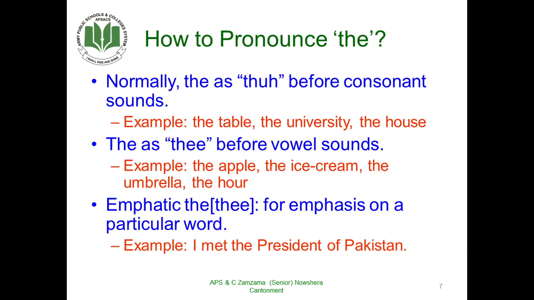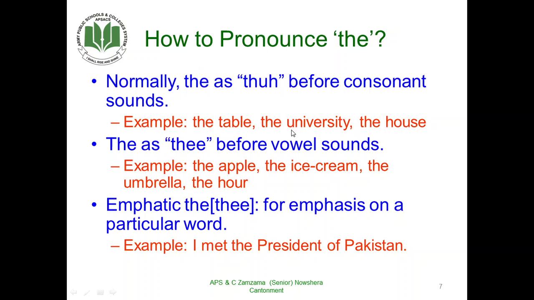Now, come towards the pronunciation of the. We pronounce it in 2 ways, the or the, but there is a rule on how to pronounce the before consonant and vowel sounds. Here it has something to do with the sounds. Normally we use it as the before consonant sounds. For example, the table, the house, the university.